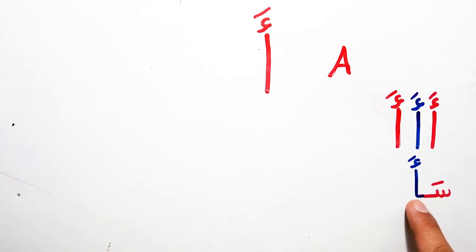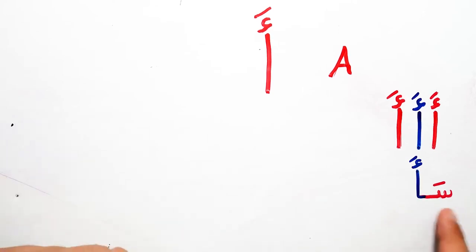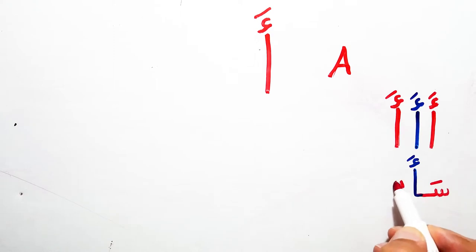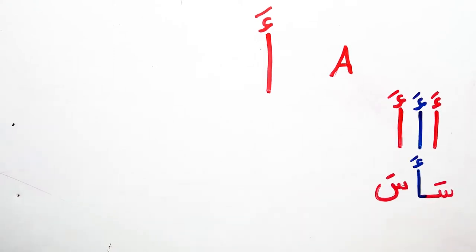Why? Because it is connected to the previous one. So now we know that refusal letters can get connected from the right side. Okay, se. And now let's put se again.